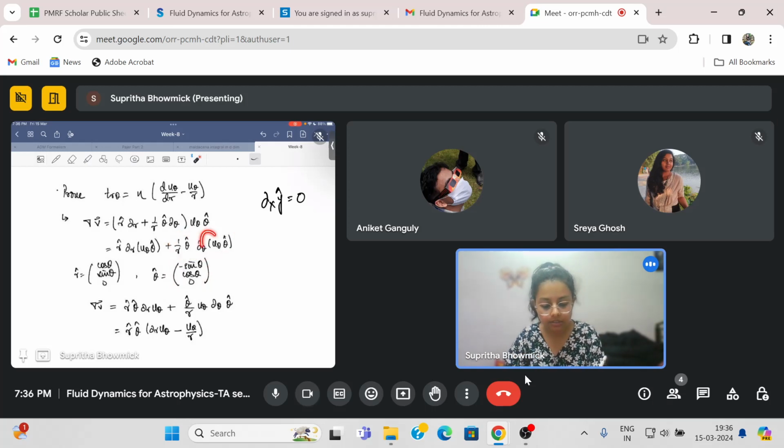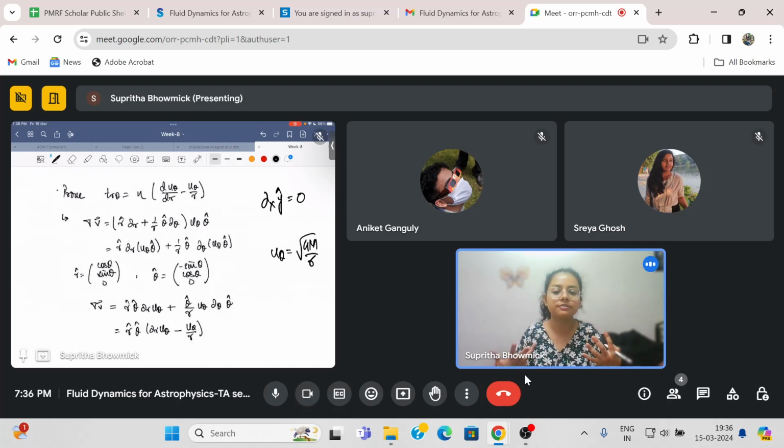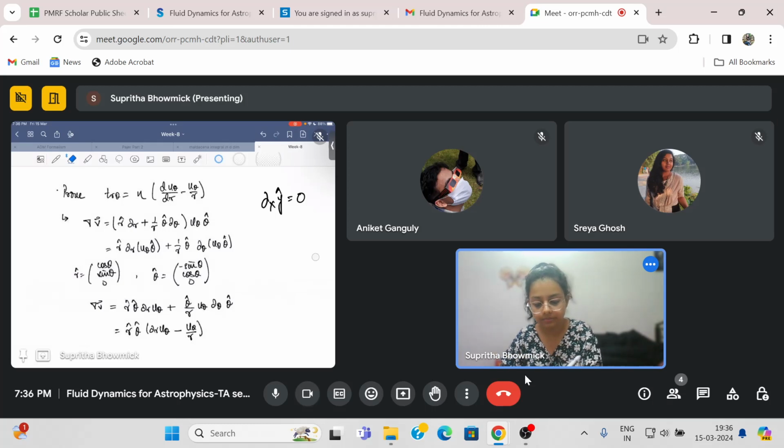So del del theta acts on u theta. It does not give me anything because u theta only has radial dependence. To remind you, u theta was root over GM by r, so it does not have theta dependence. And then del del theta acts on theta cap, and u theta is pulled out, right? So this gives you theta cap by r, u theta, del del theta acting on theta cap.